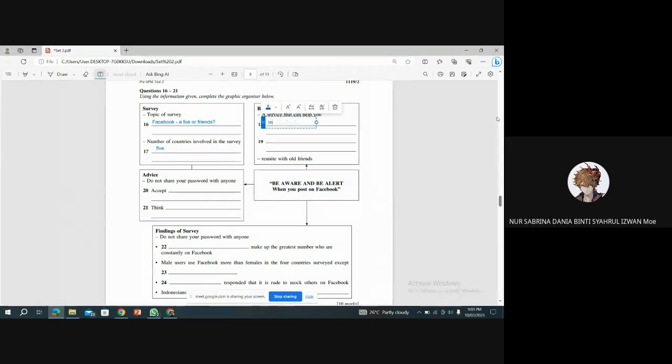Yes, make new connections. 19, keep in touch with friends and families. Yes, keep. Friends and families.